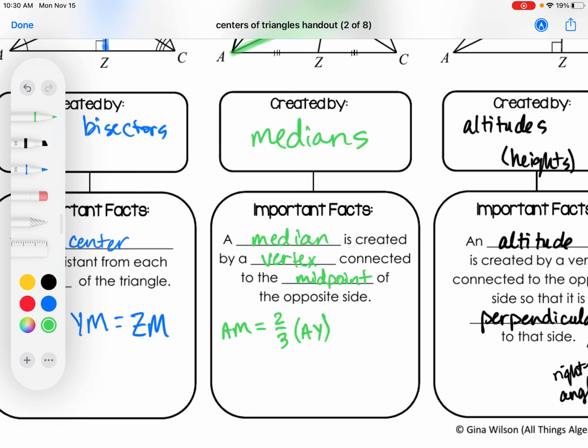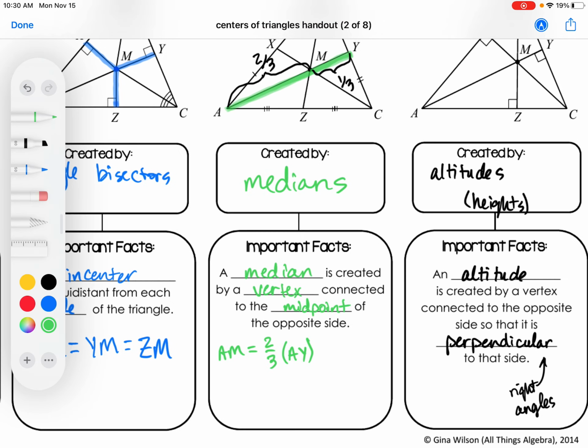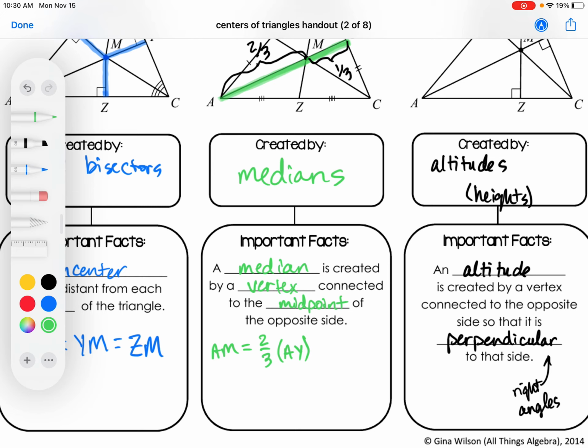Okay, in exactly the same way, the point going from the midpoint to the centroid, MY, is 1/3 of the full thing, AY.